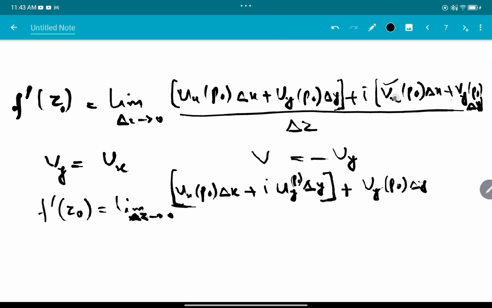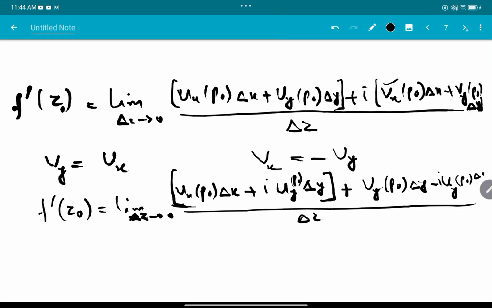Plus this will be combined with this. Now this is vx is equal to minus uy, along with i, so it will be minus uy along with i, of course, i at z0 times delta x, whole divided by delta z.